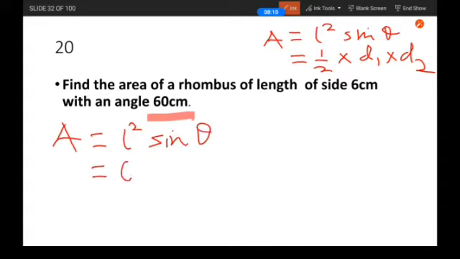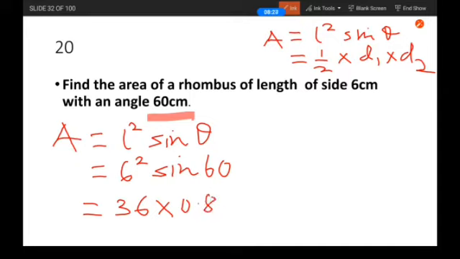L is 6 squared, then sine 60. And that becomes what? 36 times sine 60 is 0.8660. I've also given the sine, cosine, and tangent, the trigonometry ratios of special angles. You can go to our previous videos to check that.